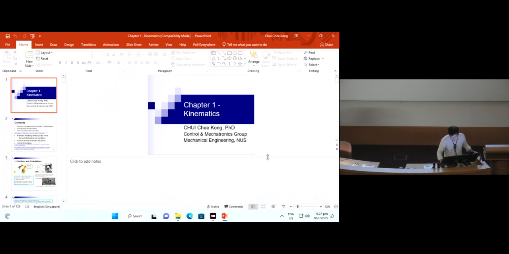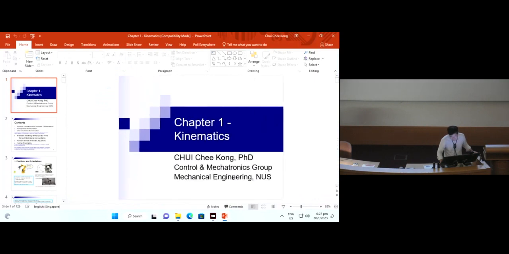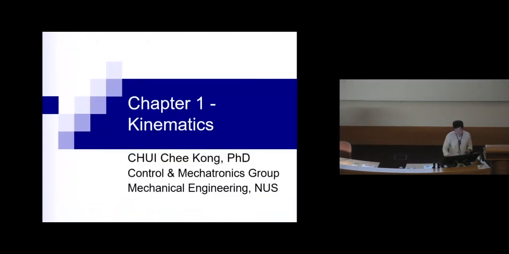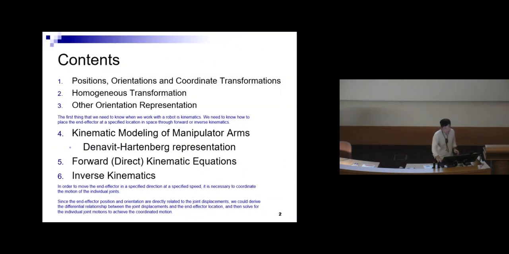So today we aim to finish the remaining part of chapter 1, kinematics. Before the break, we went through the first 3 sections: position, orientation, and coordinate transformation, homogeneous transformation, as well as other orientation representations. So sections 1, 2, 3 provide you with the mathematical tools for our subsequent study.